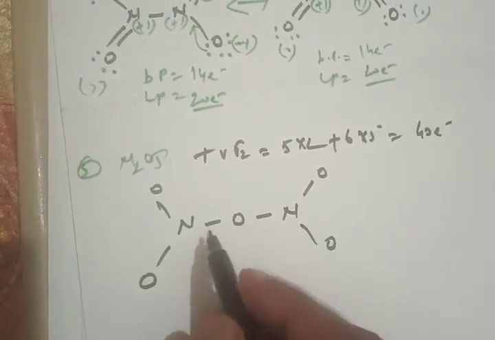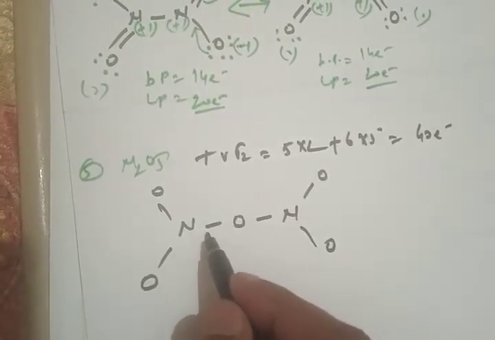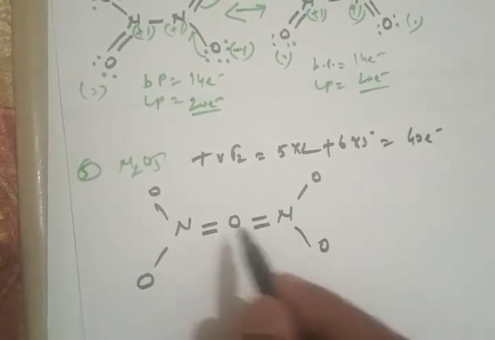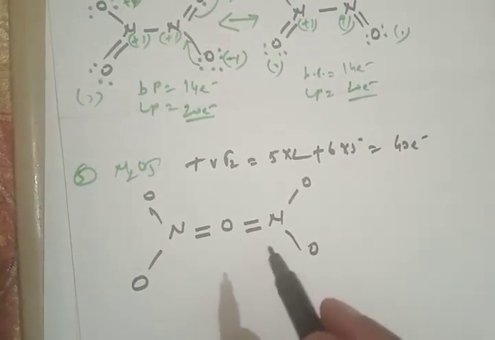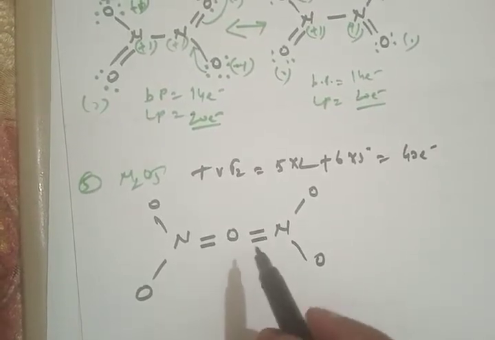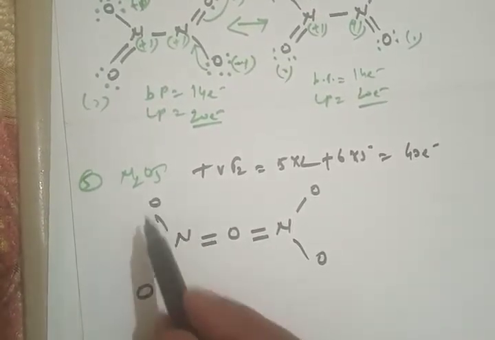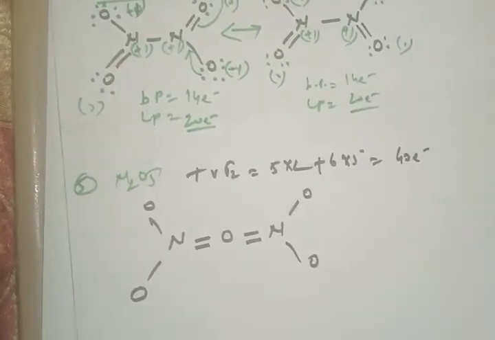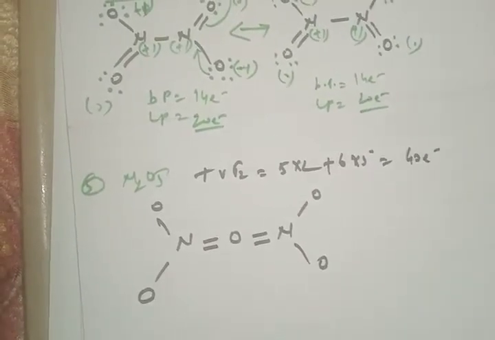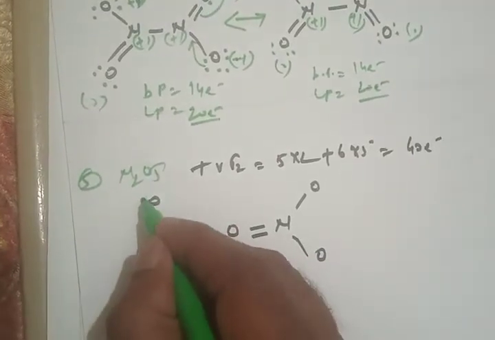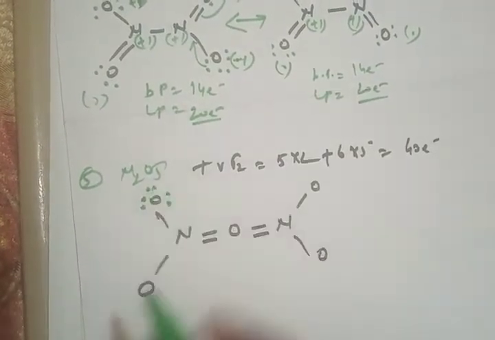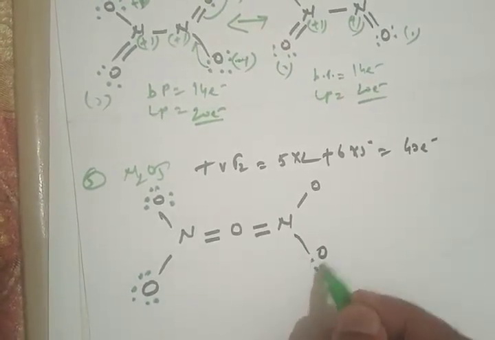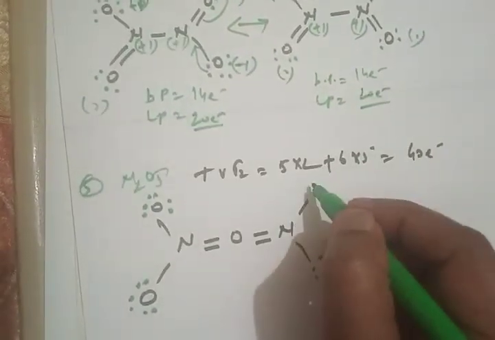So first we can take the bonding electrons, so this can be complete, 1 2 3 4. This can also be complete, this oxygen is also complete. Then we will put the lone pairs. So 1 2 3 4 5 6, 1 2 3 4 5 6, 1 2 3 4 5 6.